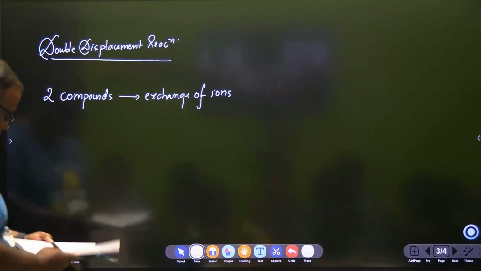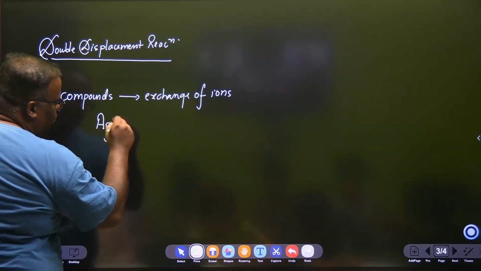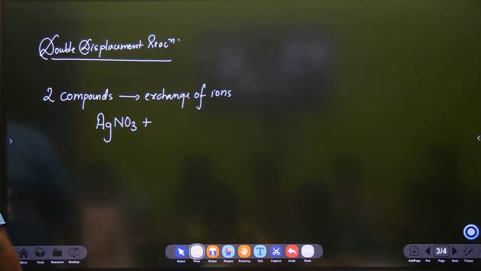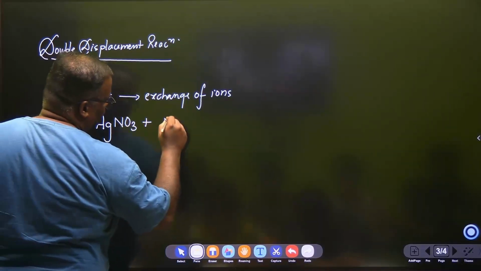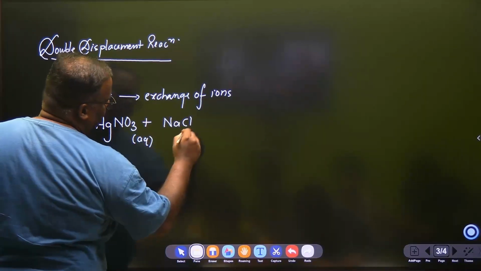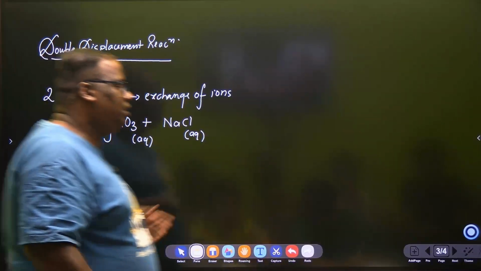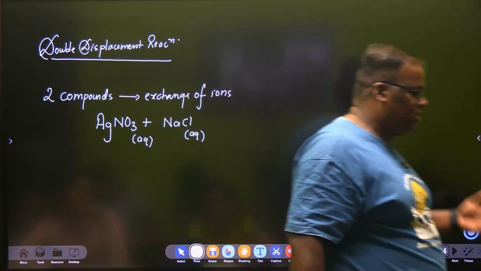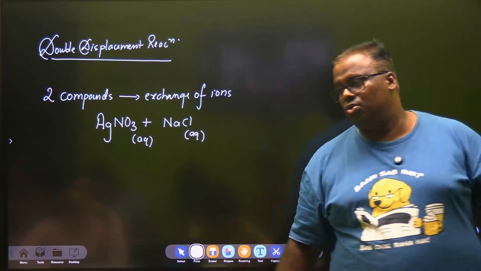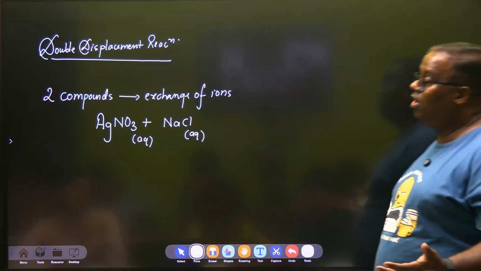So let's take one example. Silver nitrate, AgNO3. Always you will have two salts which will be actually fighting with each other, with sodium chloride. Now this is aqueous, this is also aqueous. Silver nitrate will always dissociate into silver ions and nitrate ions, and sodium chloride will have sodium ions and chloride ions, not chlorine, chloride ions.